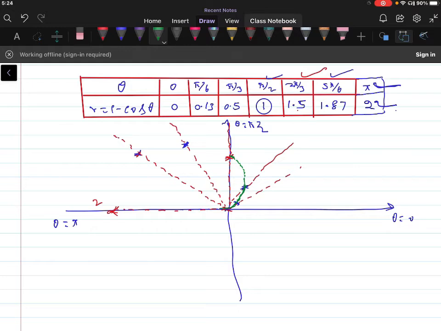When theta is equal to 2 pi by 3, r is 1.5. When theta is equal to 5 pi by 6, r will be 1.87. When theta is equal to pi, r will be 2. Let us take the point 2. Roughly, you can sketch like this.